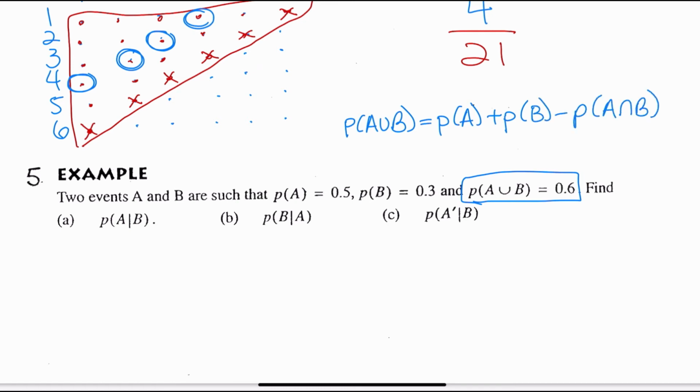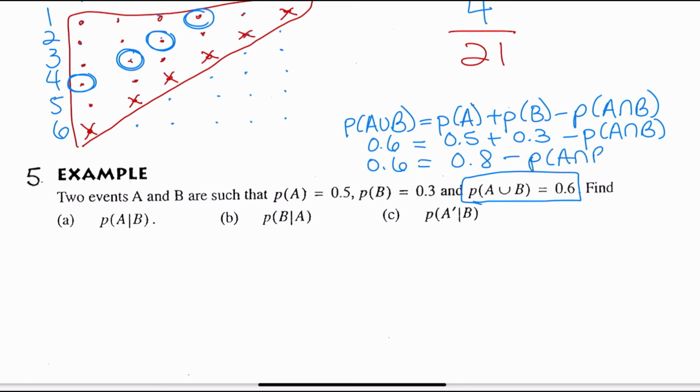So that means basically that if I were to fill this in, I'm going to substitute A union B is 0.6, the probability of A is 0.5, the probability of B is 0.3, so minus the intersection. So that means 0.6 is equal to 0.8 minus the intersection. So what would I have to subtract 0.8 by to equal 0.6? And the answer is 0.2.